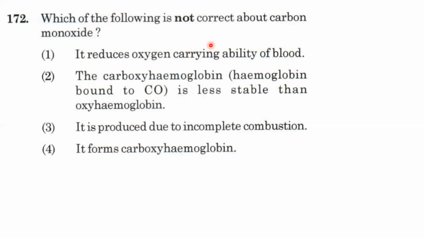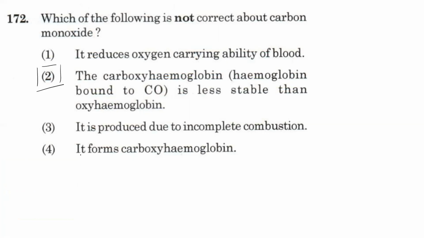So therefore first option is correct. Second option, carboxyhemoglobin is less stable than oxyhemoglobin. It is wrong. Carboxyhemoglobin is more stable, therefore it will not dissociate. Therefore this hemoglobin loses oxygen carrying capacity. Therefore second option is incorrect statement here.